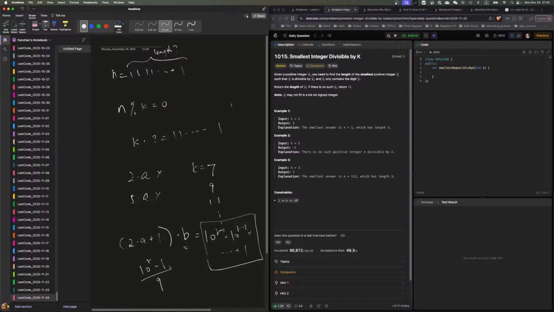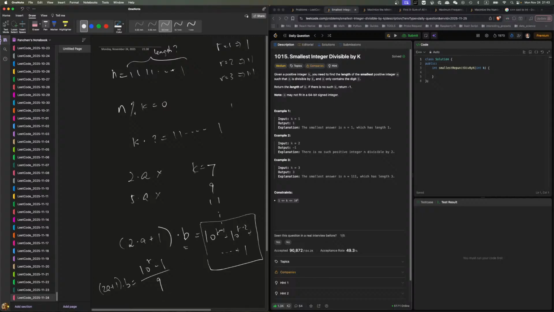Which means if r is equal to 1, it is 1. R equal to 2 is 1, 1. R equal to 3 is 1, 1, 1, right? So what we want to find is 2a plus 1 times b is equal to this.